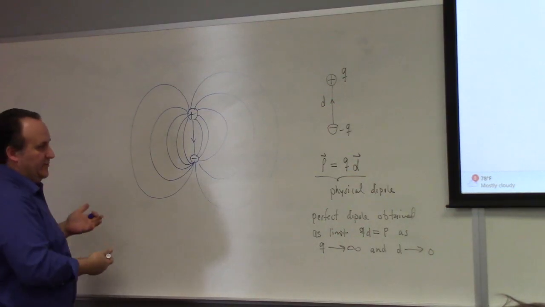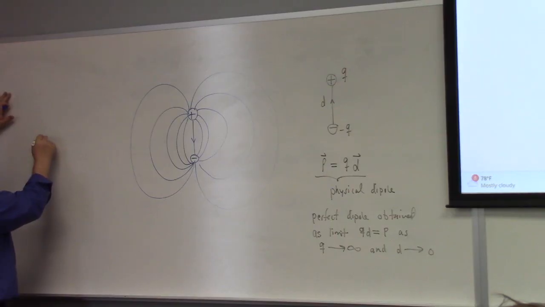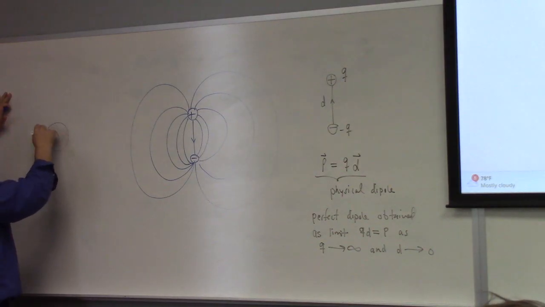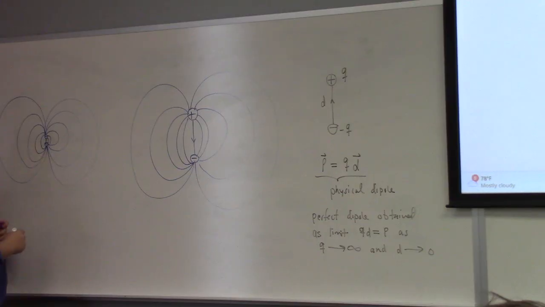That's the dipole field. But if I put the charges really close, like that, and I keep putting them closer and closer together, that is the electric field due to the ideal dipole.